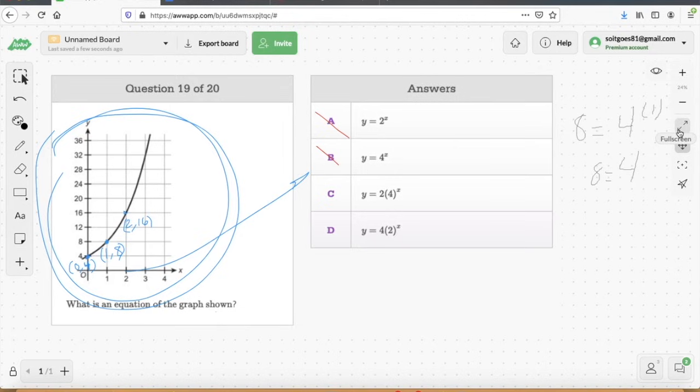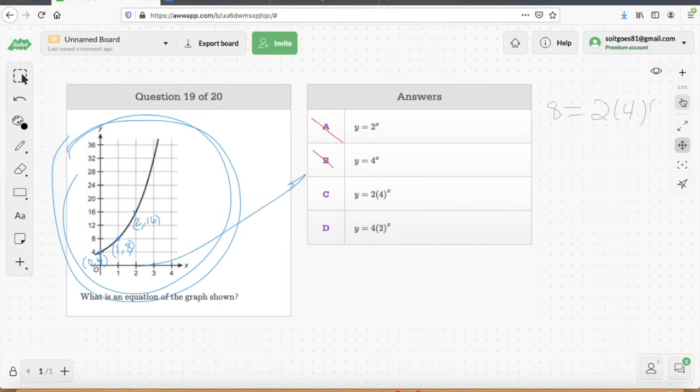All right. Answer choice C. Let's try that. I'll clear some space. Oops. All right. Yeah, 8 equals 8.